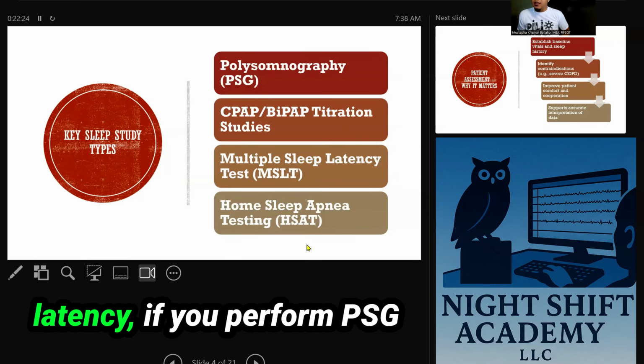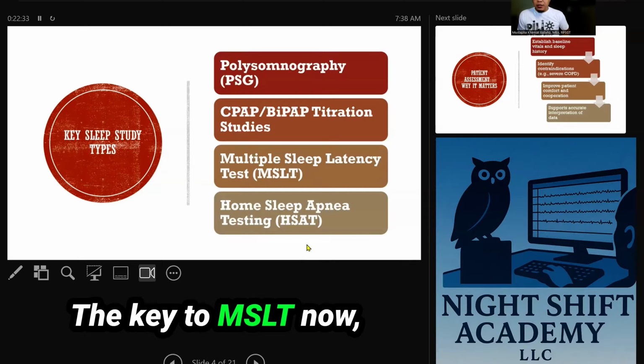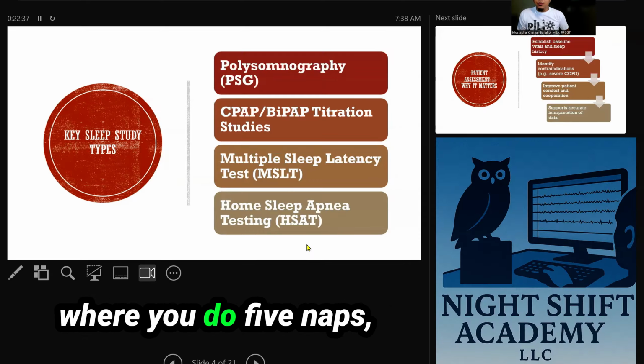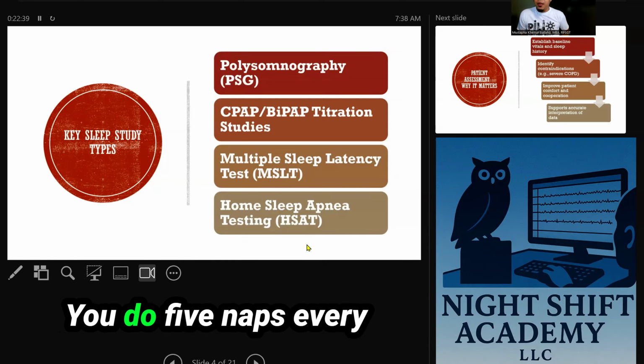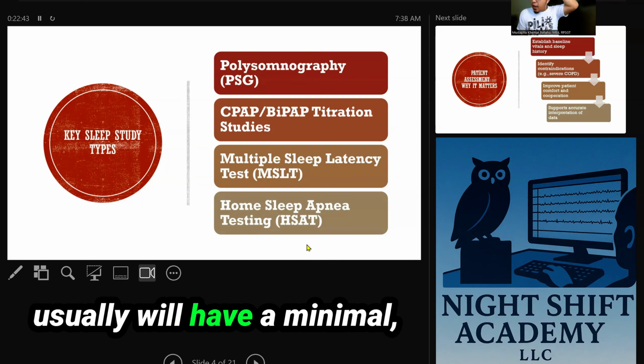But multiple sleep latency, if you perform PSG, like the overnight, you can perform MSLT even easier. The key to MSLT, multiple sleep latency test, this is a daytime study where you do 5 naps. You do 5 naps every 2 hours. But the patient usually will have a minimal sensor set, not the entire one.